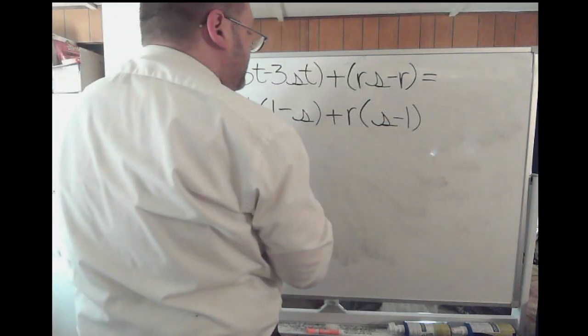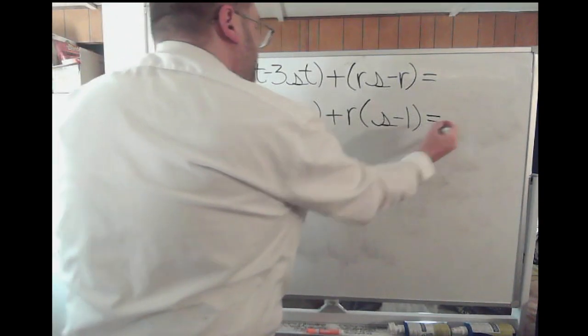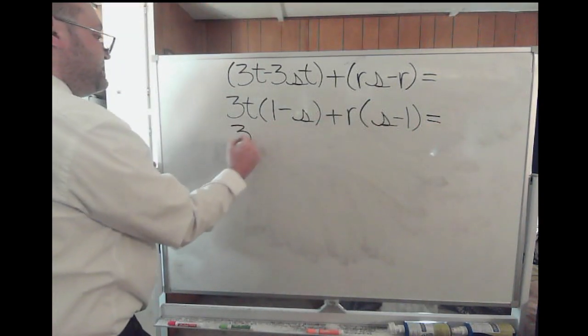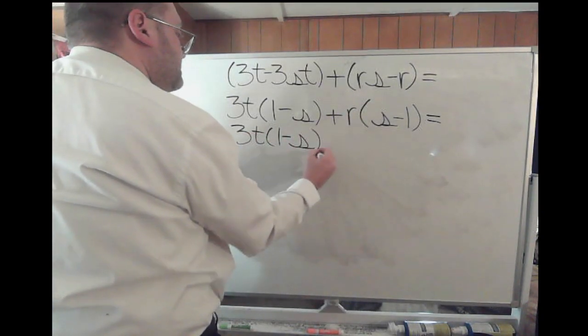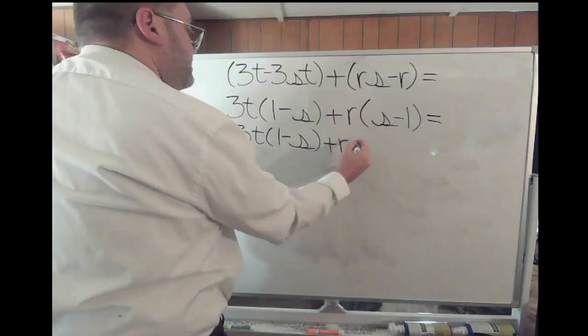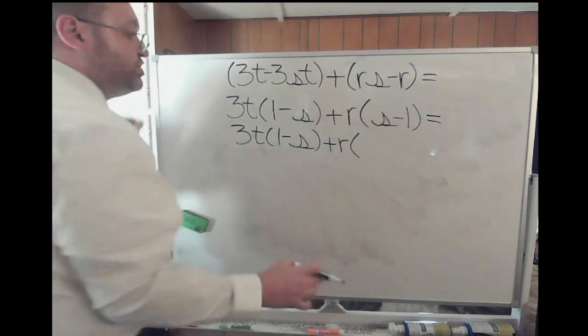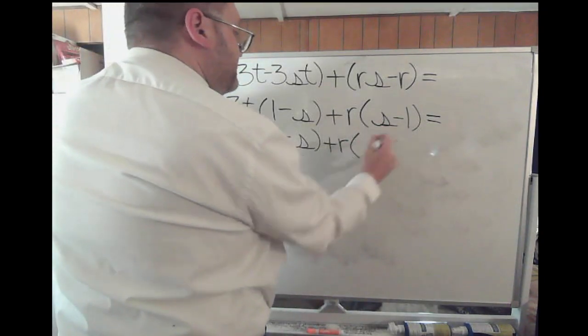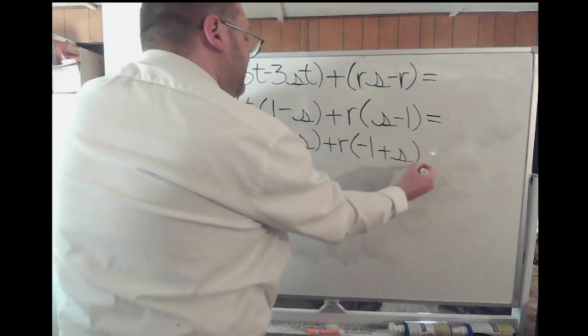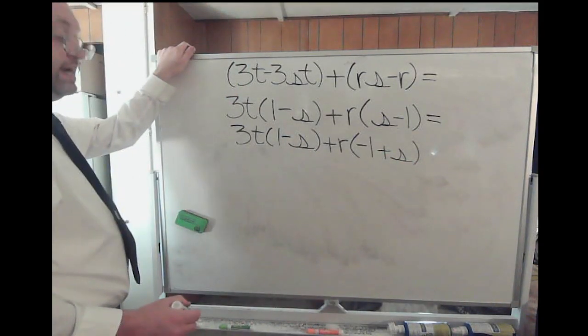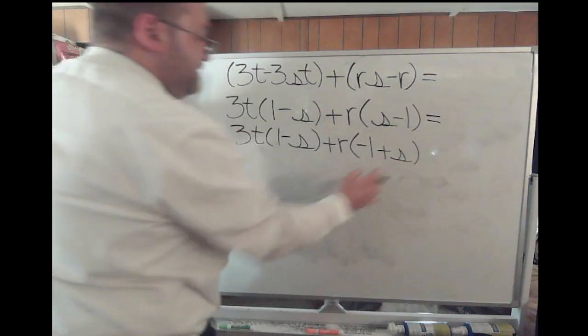First thing we can do, take your 3t times your quantity of 1 minus s plus your r. We're going to use the commutative property of addition to rewrite this. S minus 1 is the same as negative 1 plus s, is it not? Now we want to make the 1 positive, the s negative.